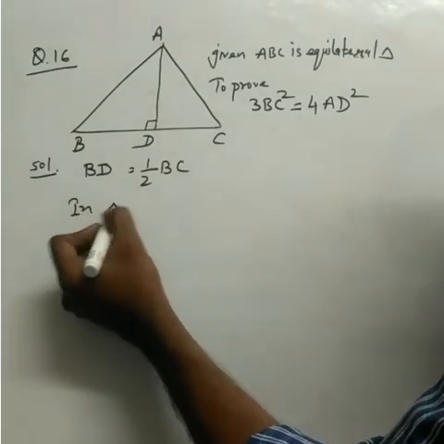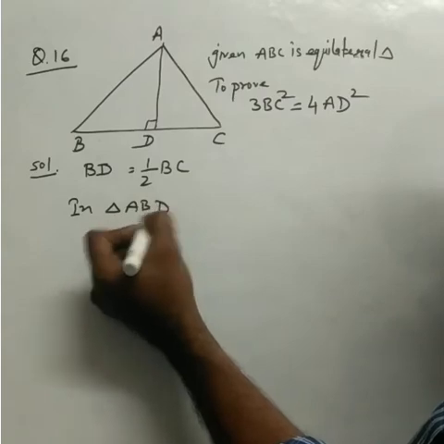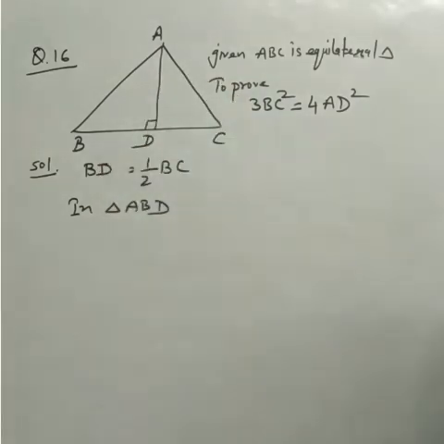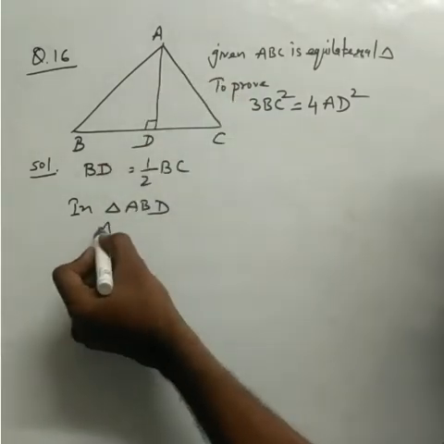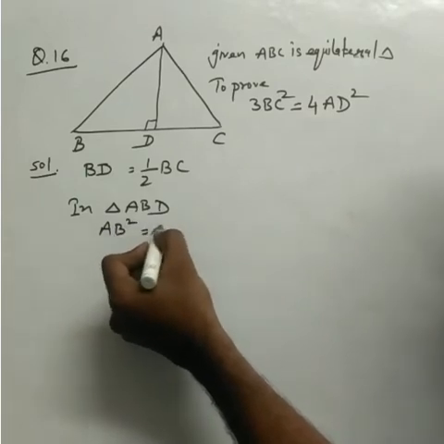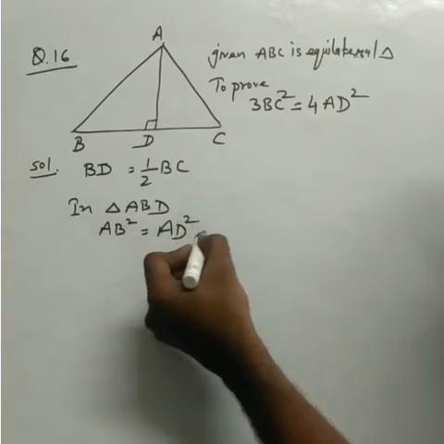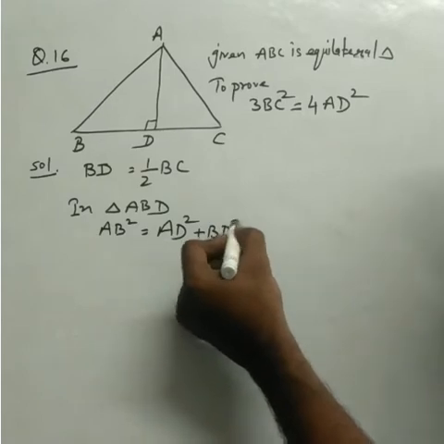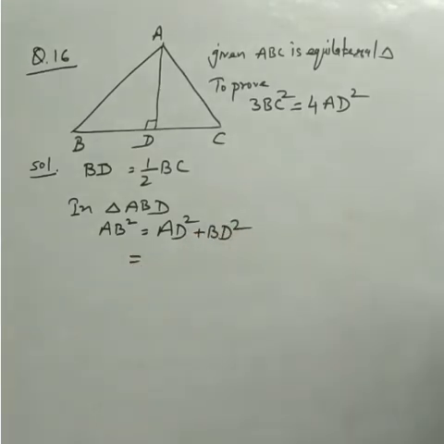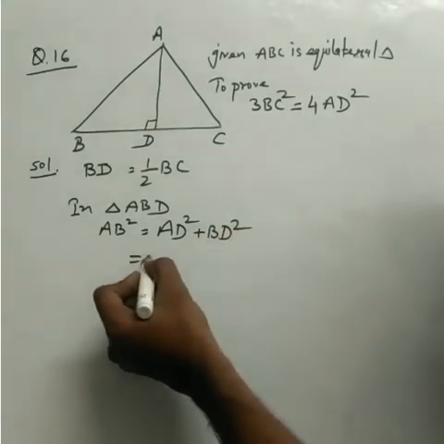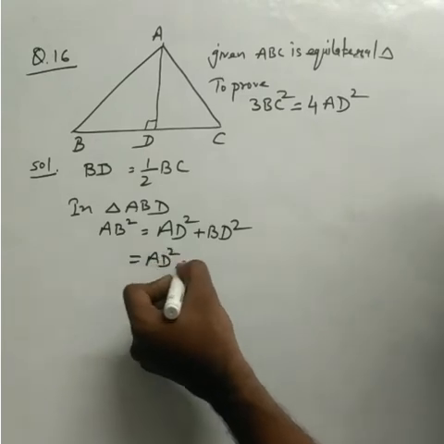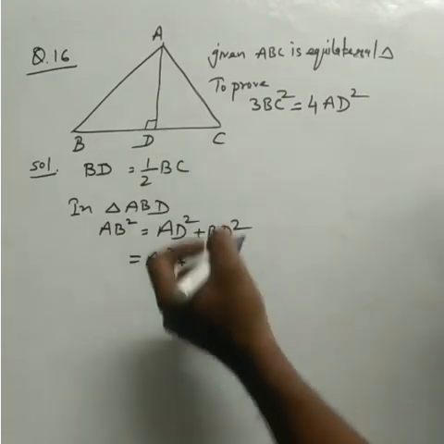Now in triangle ABD, we'll apply the Pythagoras theorem. AB square equals AD square plus BD square. BD is half of BC.